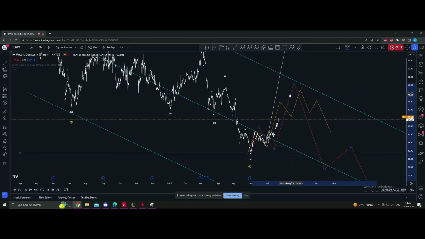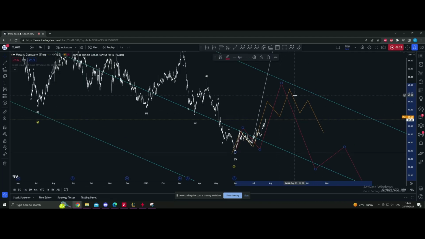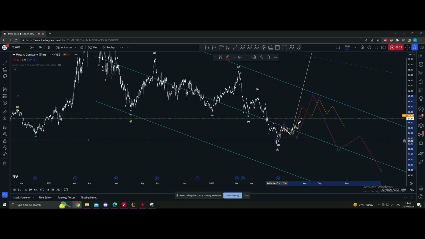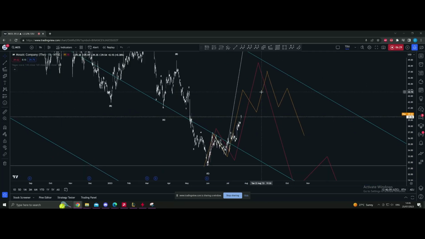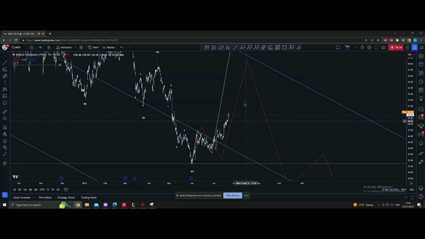If we get there in 3 waves, maybe you'd rather short it. But I think that this was the bottom of this asset anyway. If we're gonna get corrective, it doesn't have to be A, B, C like that. We could have this A, B, C, here wave W. So W, X, Y.